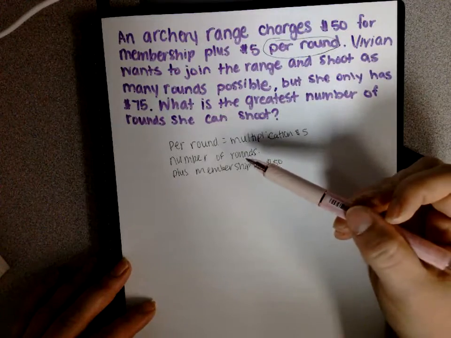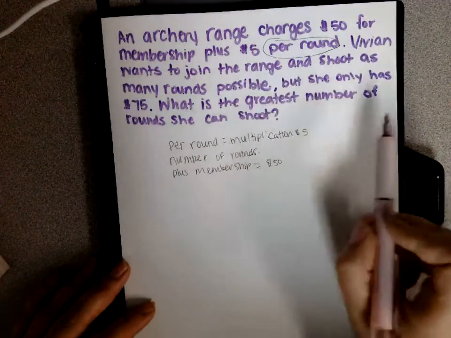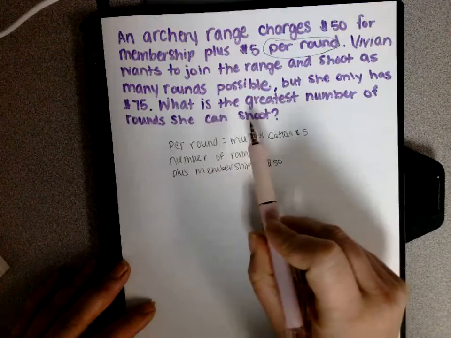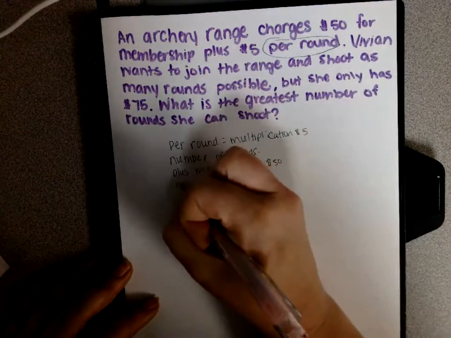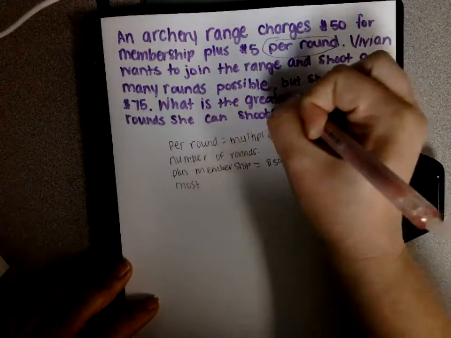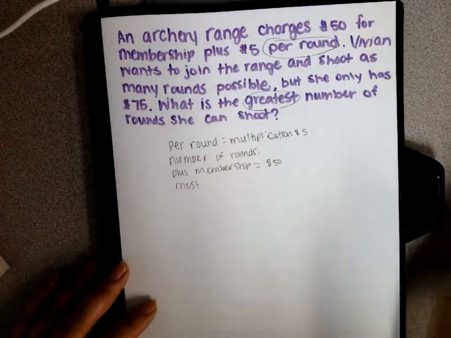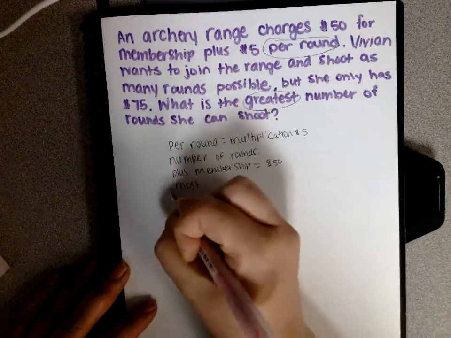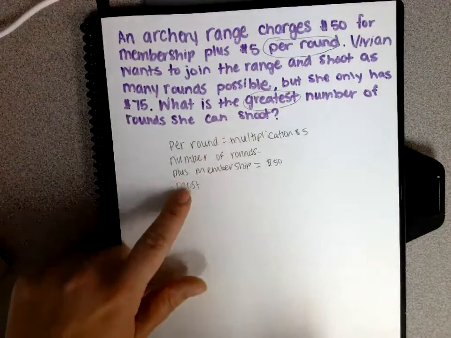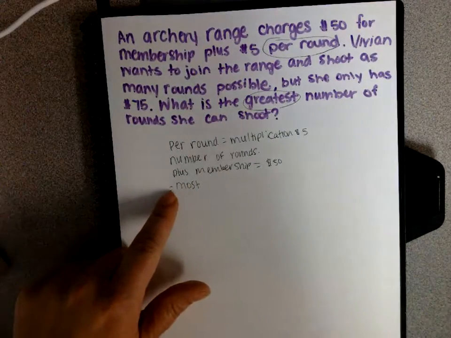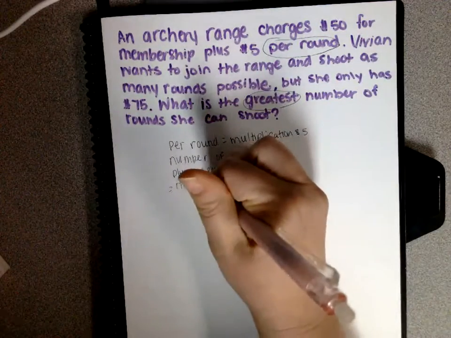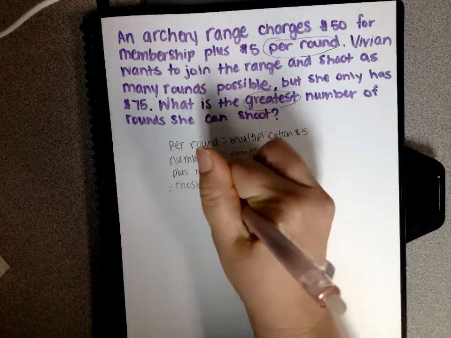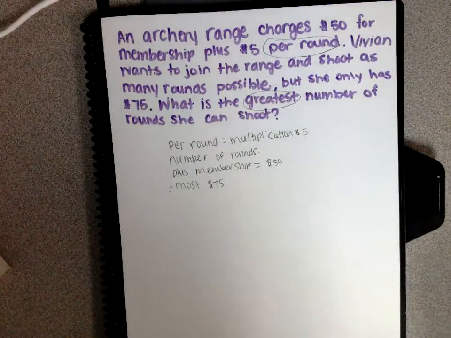And I know that I'm looking for the greatest number of rounds she can shoot. So I'm going to put most. That signifies to me that's where my equal sign is going to go in my equation. And I know the most she can have is that $75.